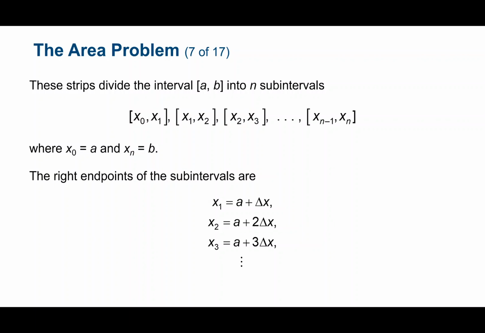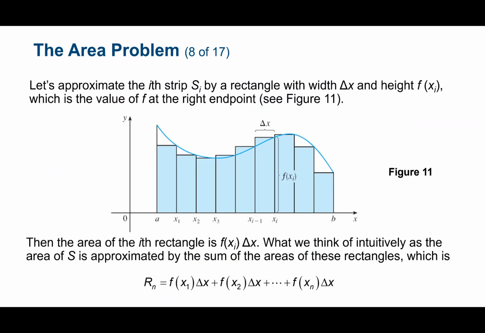Every time we need to move over to the next endpoint, we just add delta x, whatever that number is. And with this notation, here's what that thing would look like. f of x1, that's just how tall our first rectangle is, times delta x, that's how wide it is. f of x2, that's how tall our second rectangle is, times delta x, which is how wide it is.